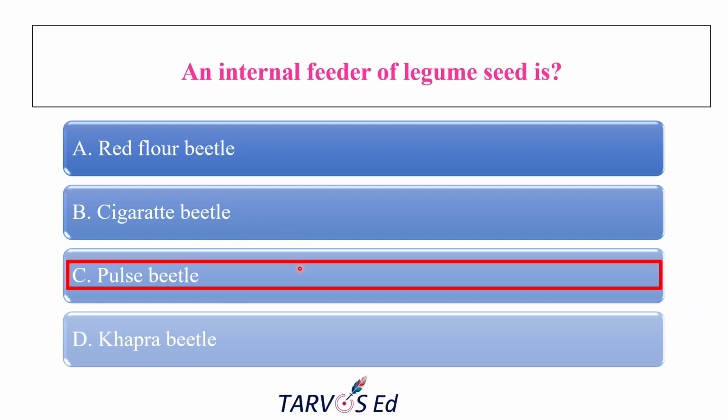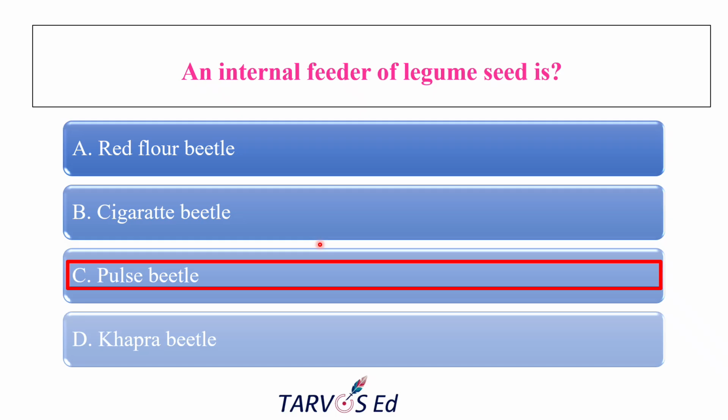But once the larva emerges, it bores into the internal tissue of the seed and feeds on it. It feeds on all the internal tissues, and the adult emerges by making an exit hole in the seed. Those seeds will become hollow and unfit for consumption.